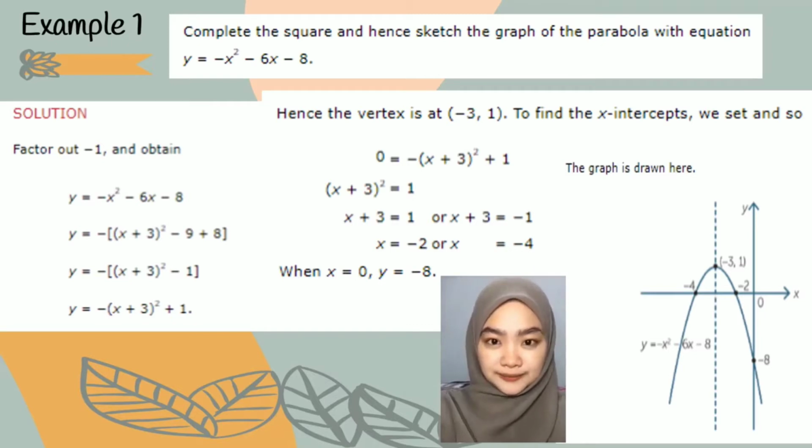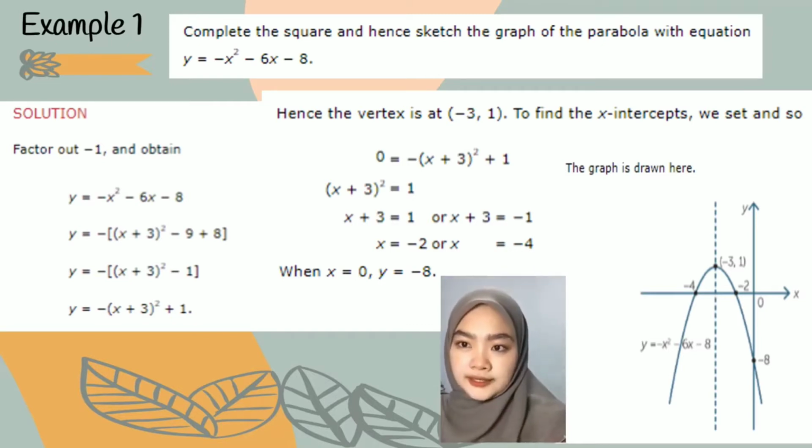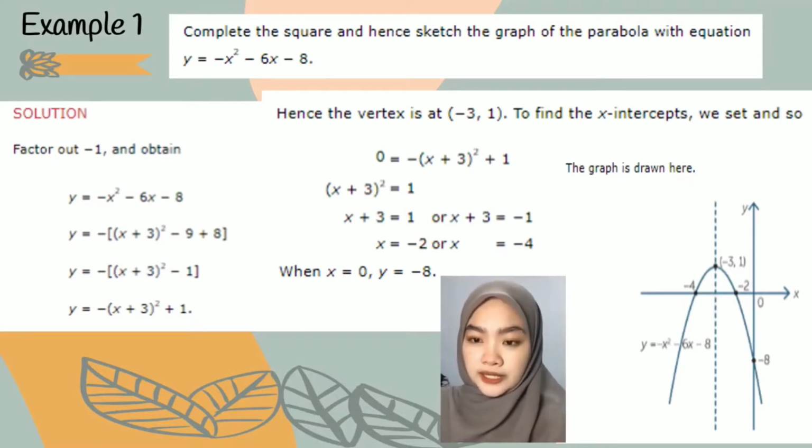For example 1, complete the square and hence sketch the graph of the parabola with equation y equals negative x squared minus 6x minus 8. For the solution, first step, factor out negative 1. So by completing the square, we get y equals negative (x plus 3) squared plus 1.